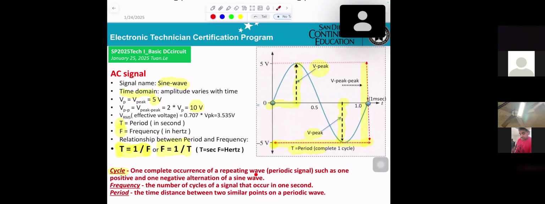That's what they call a cycle. Frequency is the number of cycles of a signal that occur in 1 second, and the period is the time distance between two similar points on a periodic wave.